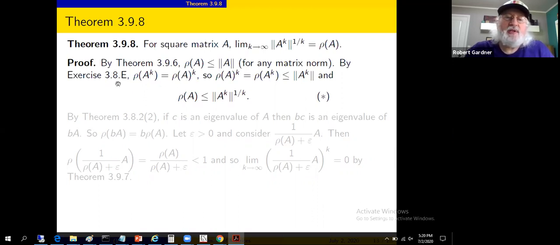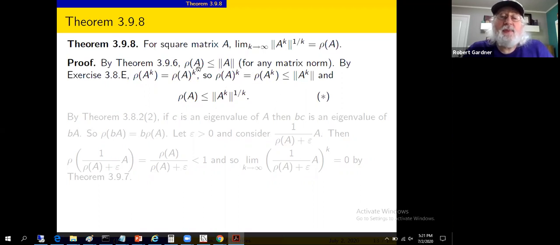A little property on the eigenvalues of a matrix and its powers is how that's shown, but we'll take that as given from an exercise. So the spectral radius of A to the K power is the same as the spectral radius of A, to the K power. I can have the exponent outside the radius or on the matrix.